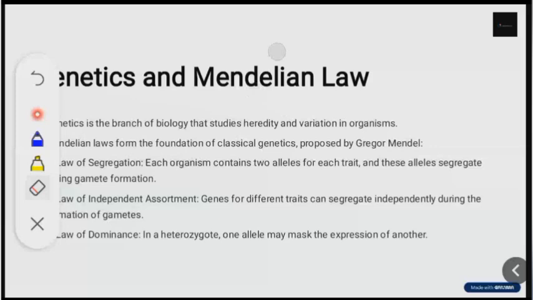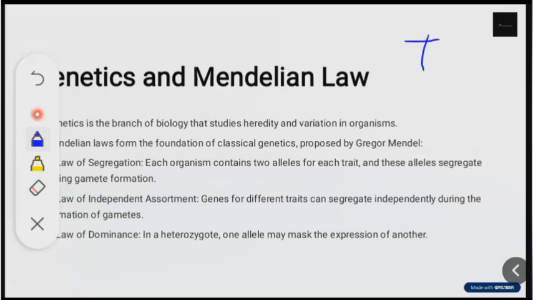Now, when the offspring reaches the age of maturity and wants to produce sex cells, let's use sperms for example, the allele you received from the mom separates from the one from the dad, and these alleles each will form individual sperm cells. And then I gave us an illustration.